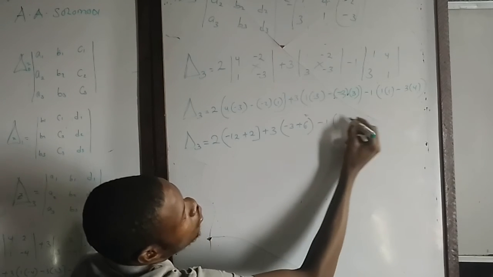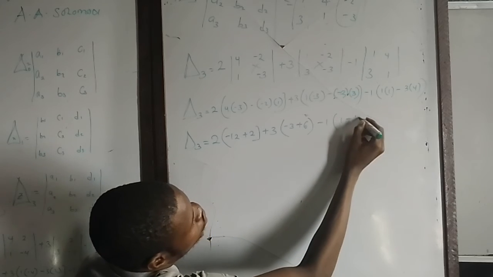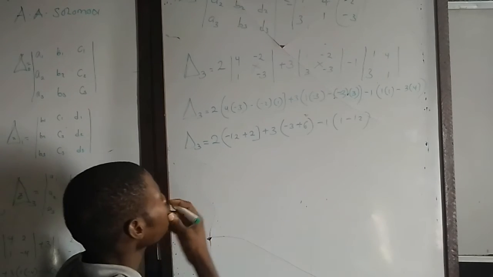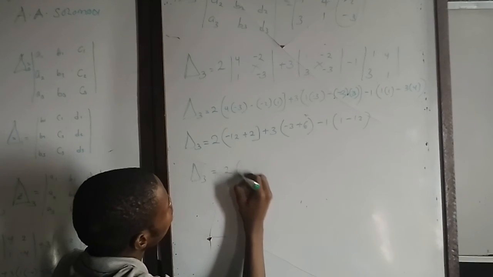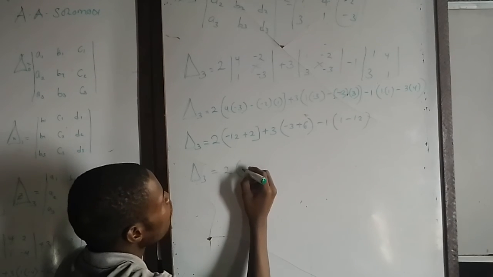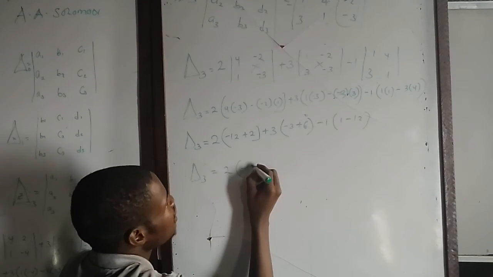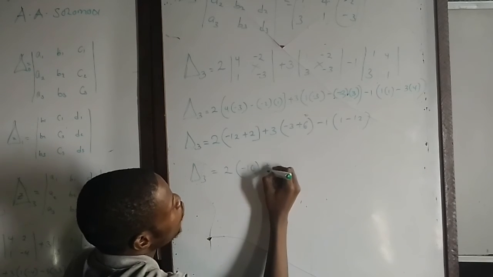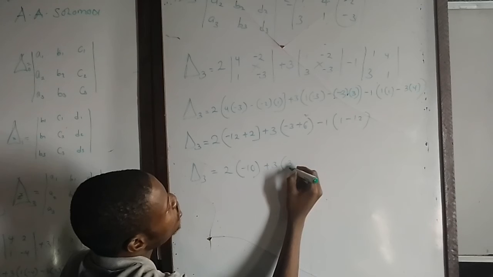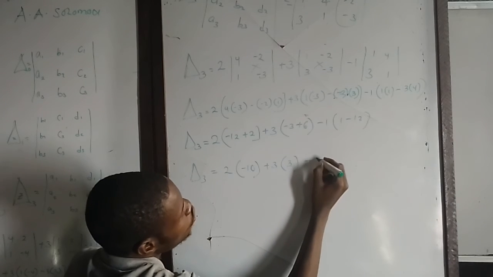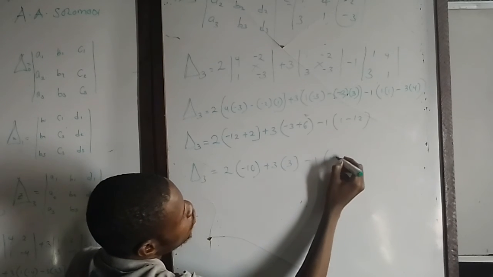So 1 minus 12. So now we have our D3 equals to what? 2 times minus 12 plus 2 will give us minus 10. Close bracket, plus 3. So minus 3 plus 6 will give us 3. So minus 1, then minus 11.